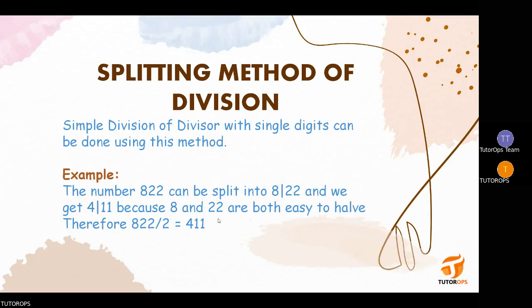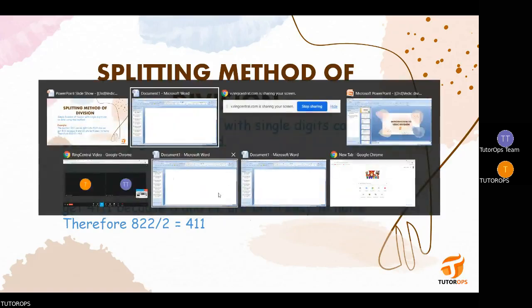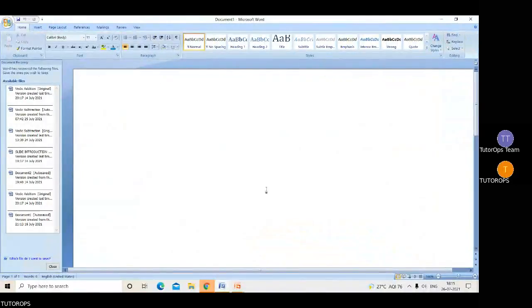Now, let me take another example. We have seen that for 822 by 2, we are taking the parts as 8 and 22.